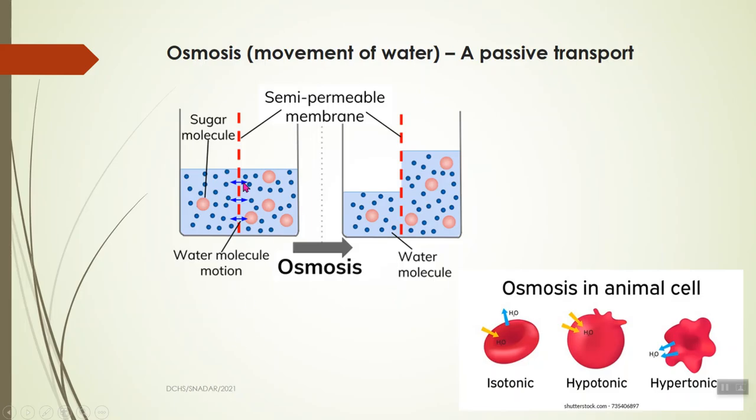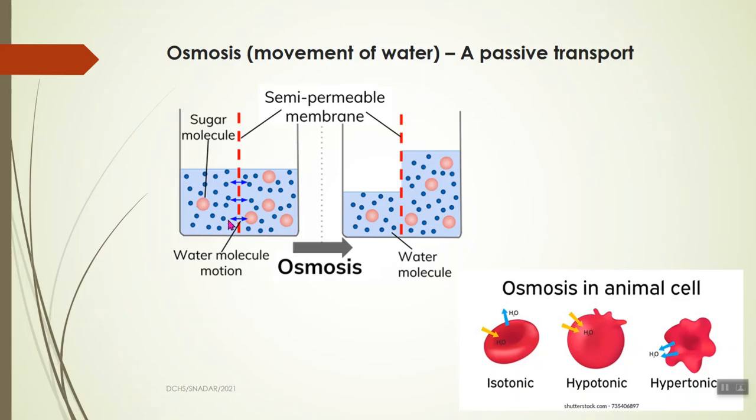And you can see here in this beaker, there is a red dotted line that represents the semi-permeable membrane, which is the cell membrane. Always remember, water moves from high to low. You see here, these dots represent the sugar molecules, and these tiny dots represent the water molecules. And you see what happens after some time. There is a large amount of water molecules here.